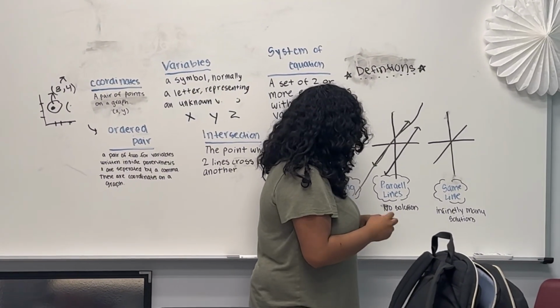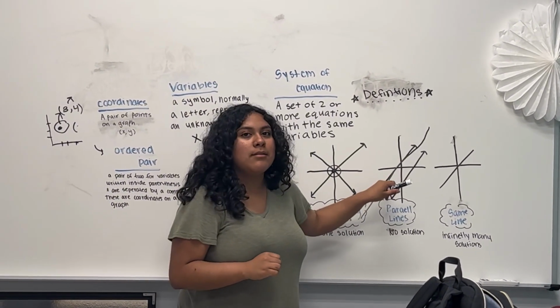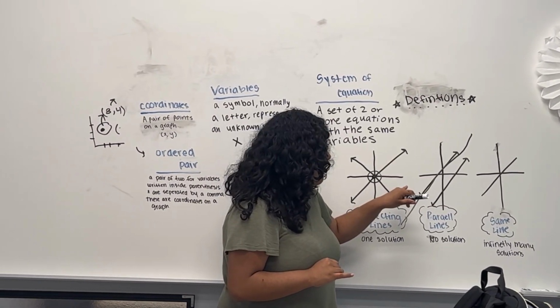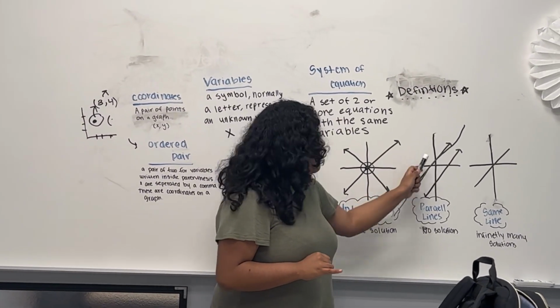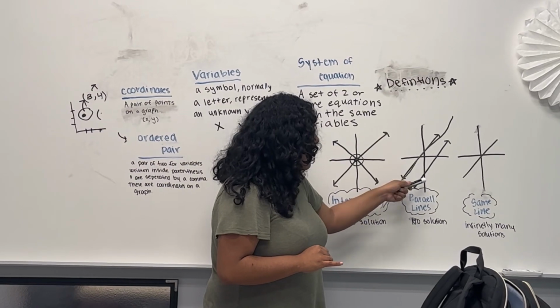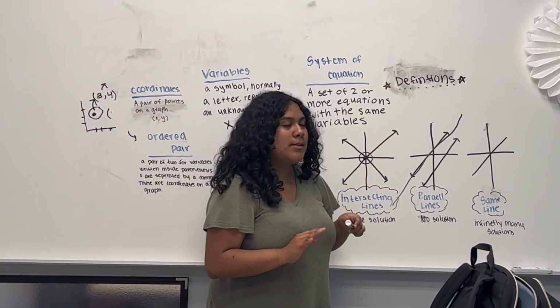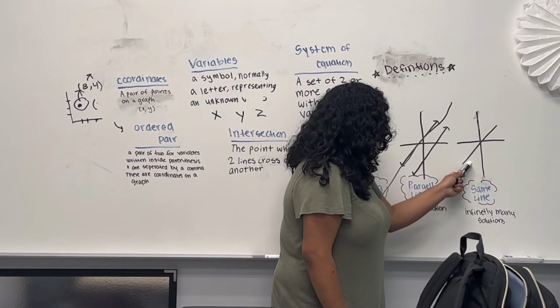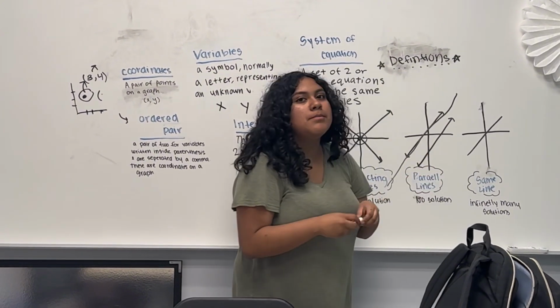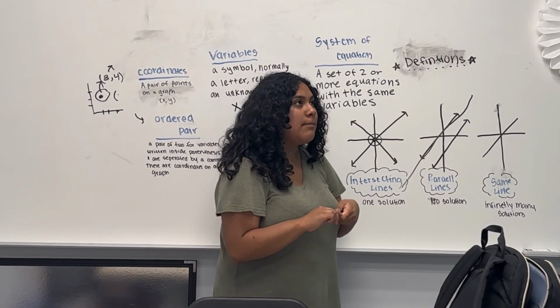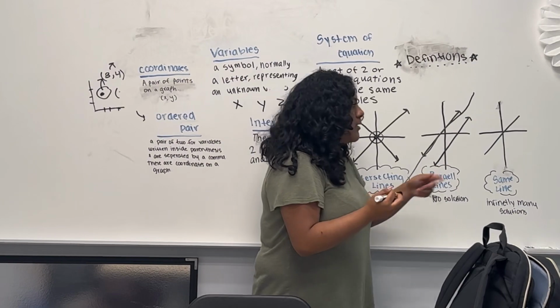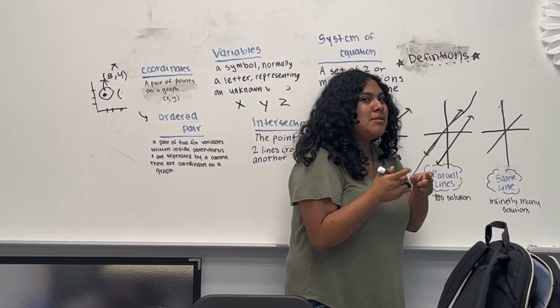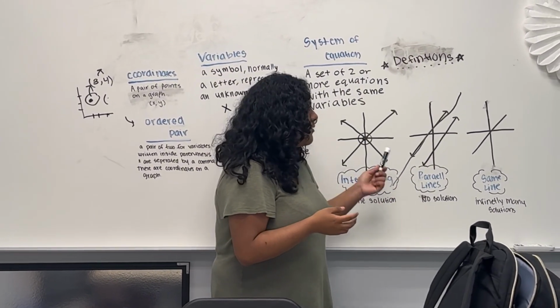These usually mean that the slope is the same, but the y-intercept, where it crosses the y-axis, is different. And then same line has the same slope and the same y-intercept.